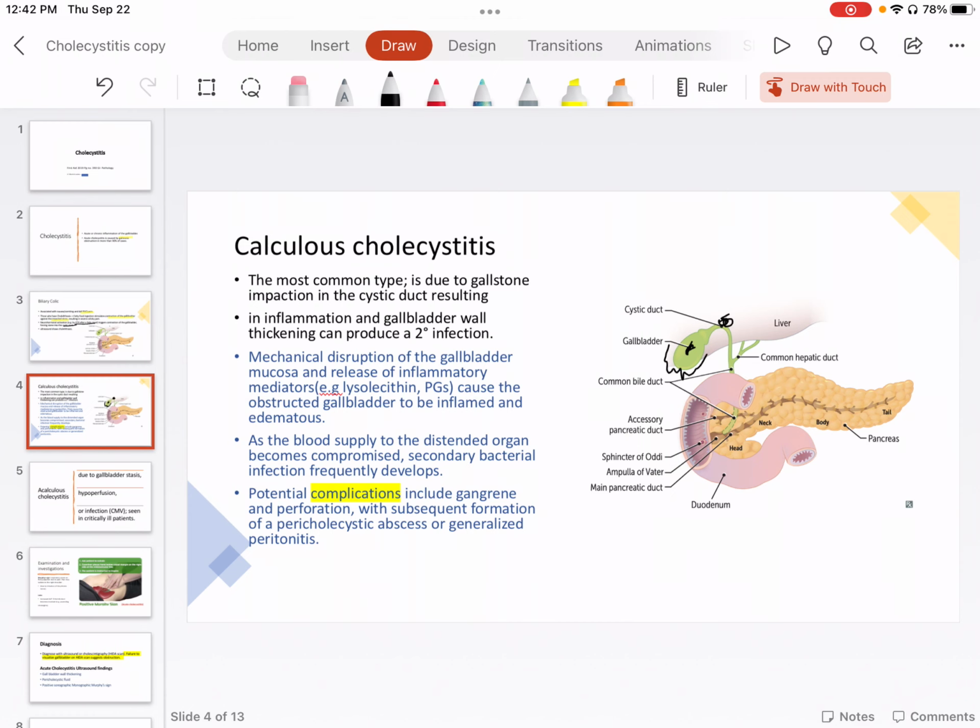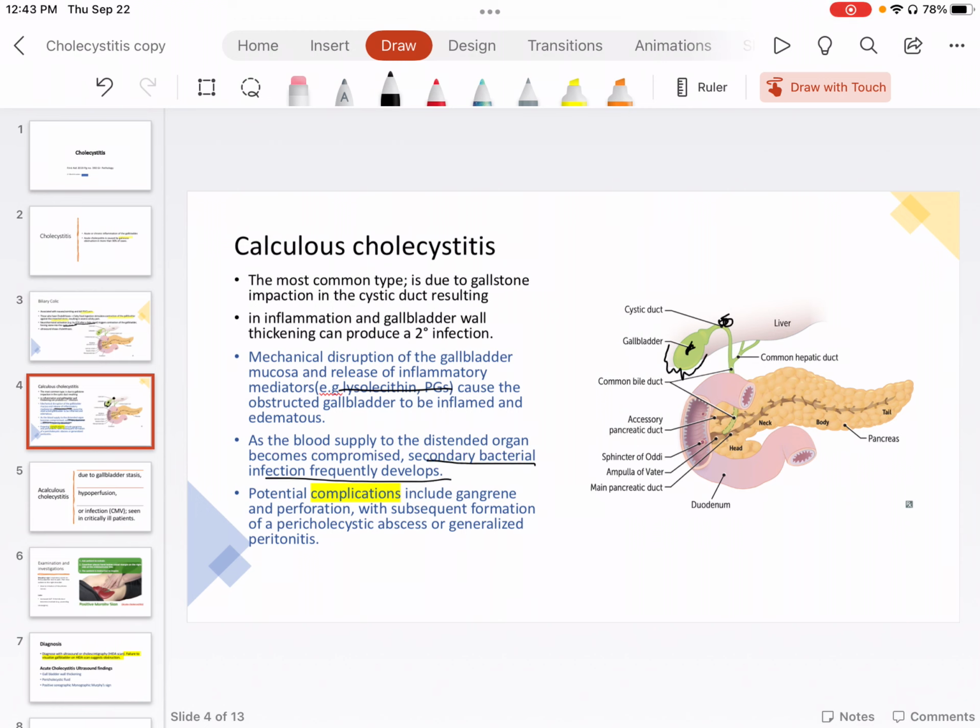The gallbladder inflammation causes mechanical disruption of the gallbladder mucosa and release of inflammatory mediators, for example, prostaglandins and lysolecithin, which cause the obstructed gallbladder to be inflamed and edematous. As the blood supply to the distended organ becomes compromised, secondary bacterial infection frequently develops.